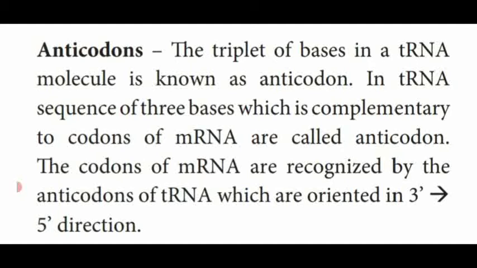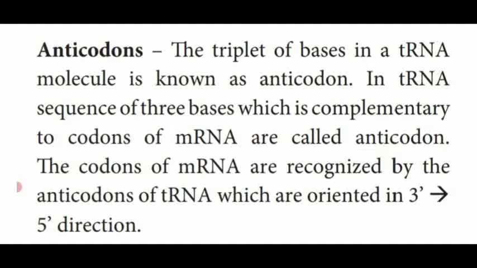One is the D arm, T psi C arm, amino acid acceptor arm, and another one is the anticodon arm. Other than these 4 arms, tRNA contains an extra arm or variable arm. So in this anticodon arm only, they contain the nitrogenous triplet bases known as anticodon.